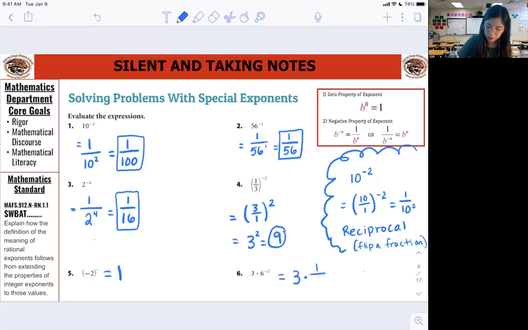Good. 1 over 6 to the power of positive 2, which is 36. So I have 3 times 1 over 36, which will just be 3 over 36. Can I simplify that? Good, Juan. That's 1 over 12.